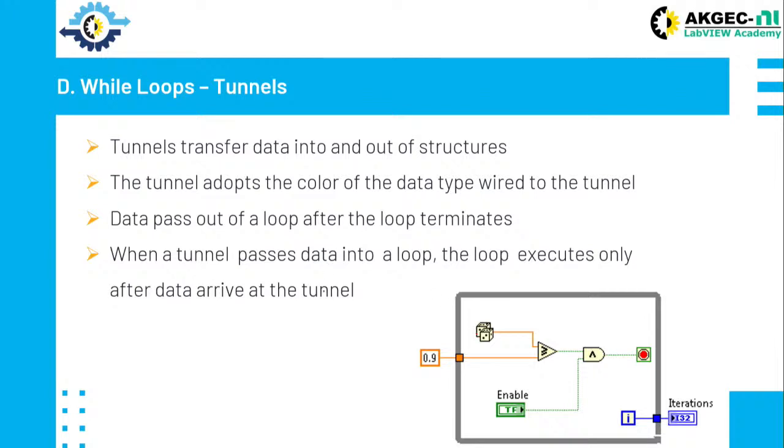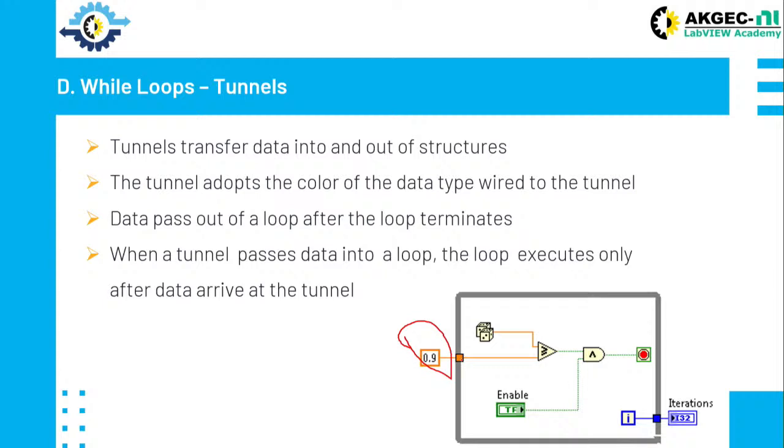Then we found that whatever the random number generated, it is displayed there. If I have to display it here, you can see it is a tunnel, meaning my input or constant value. This is the constant which is outside the loop. If anything is outside the loop and we want to give it as a value or input to a function inside the loop, then we need a tunnel to transfer data in or out of a structure.